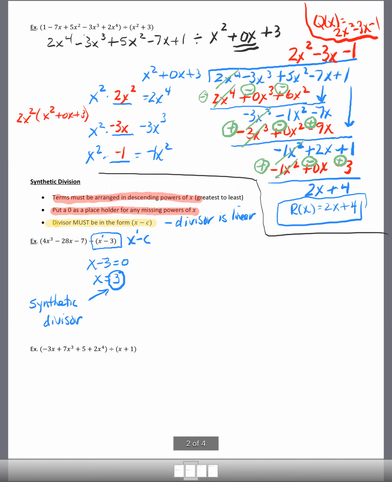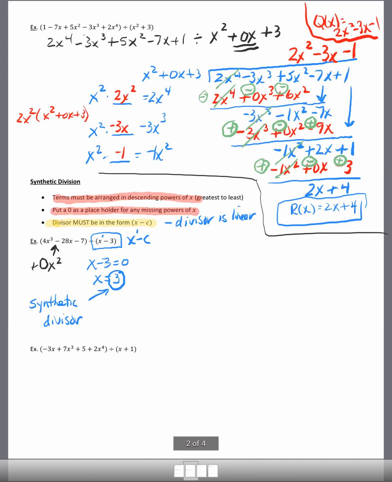That's the synthetic divisor. If we'll go back to our dividend, it was missing a term. Right in here, he did not have a 0. He did not have an x squared term, so I'm going to have to place in a 0.